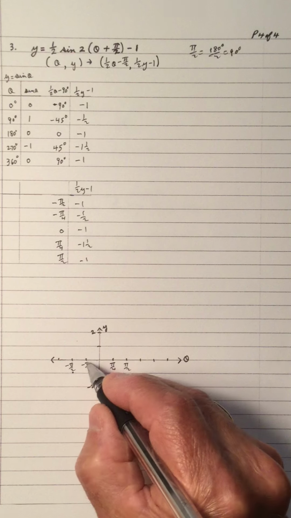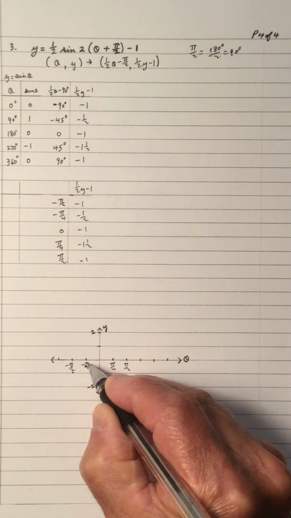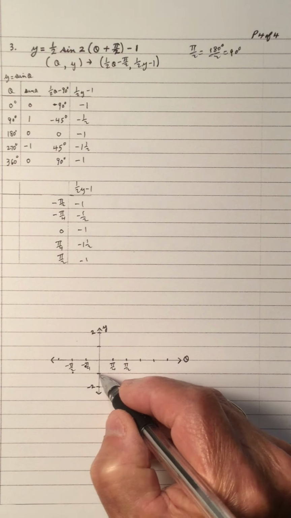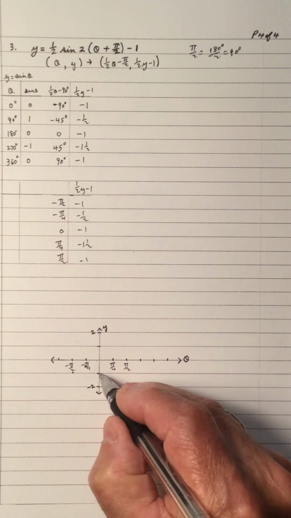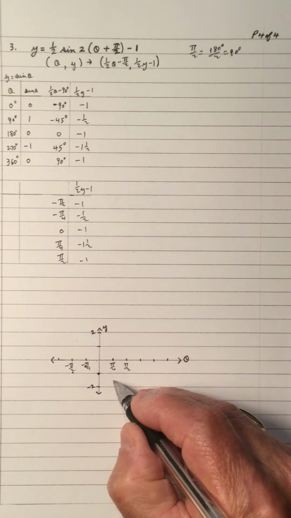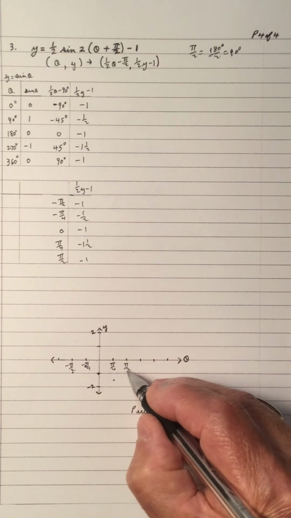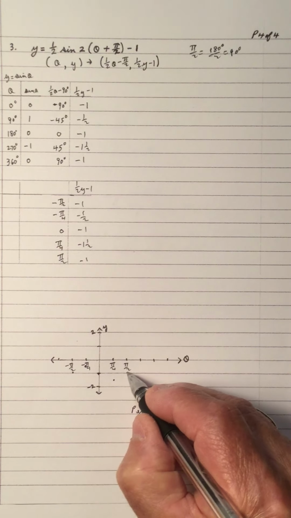Negative 45, I have a negative a half. And at 0 I have a negative 1. At 45 I have a negative 1.5. And at 90 I have a negative 1.